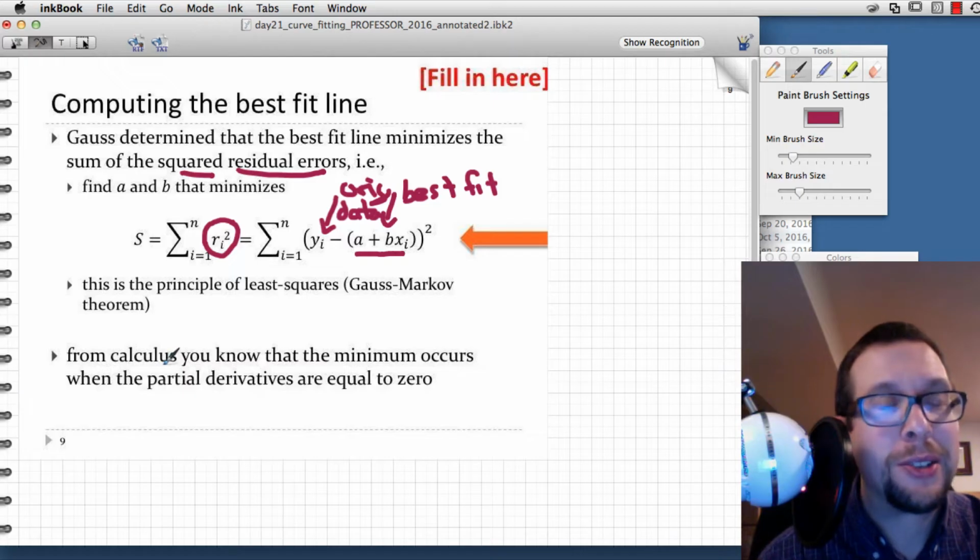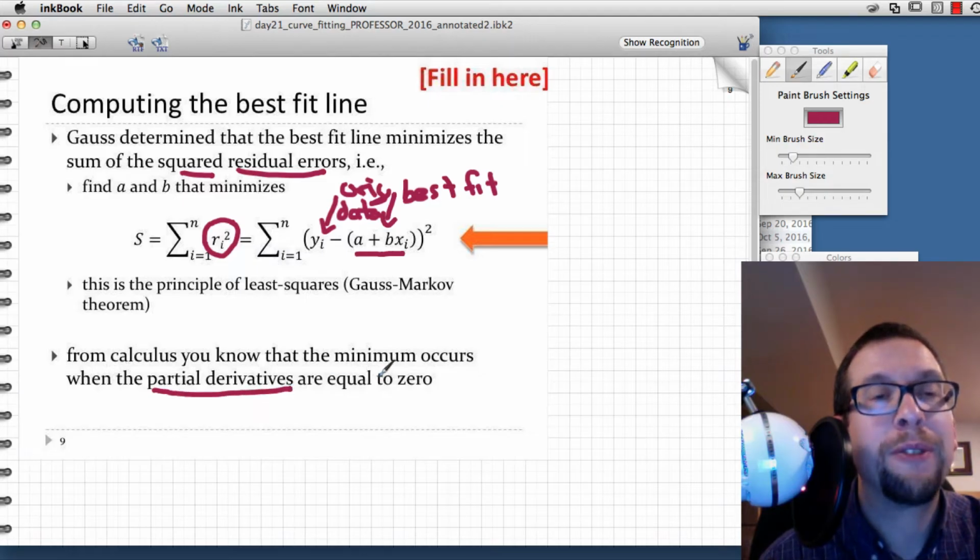You get the solution for this by doing a calculation of partial derivatives and finding out when the partial derivatives with respect to A and B are equal to 0.